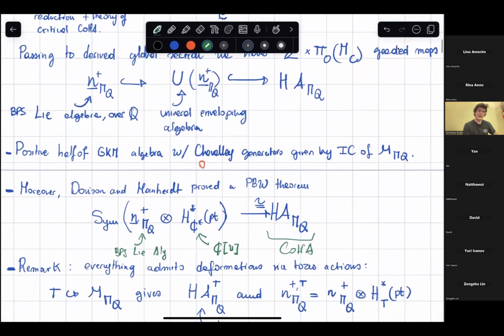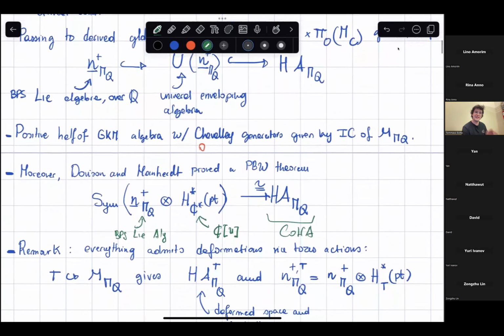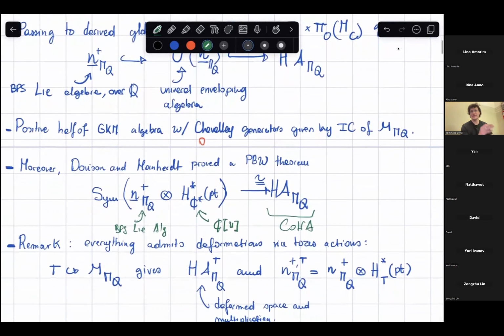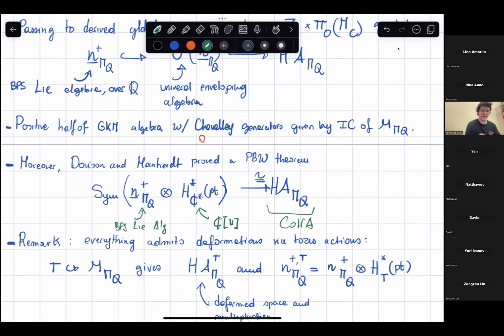So let me also make a final remark before ending this reminder of Lucien's lectures. I think that in Lucien's lecture, everything was defined over rational numbers, essentially. However, it is important for us today that everything admits deformations via torus actions.